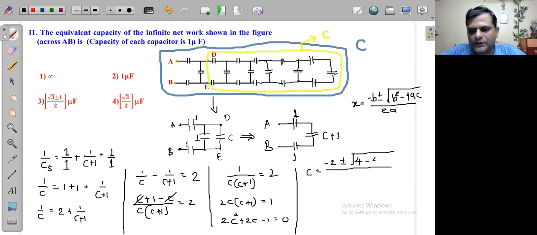That means 4 into a, which is 2, and c, which is minus 1. That is to be whole divided by 2 into 2, matlab 4.